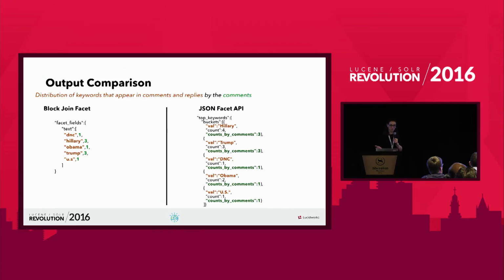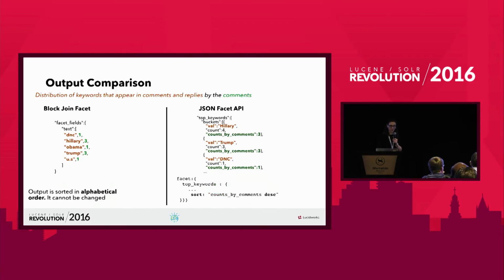Just to show you that they both bring the same results, here are the counts. The formats are a little bit different, but you can see that the counts by comments are the same. The only point is that in block join faceting, the keywords are sorted in alphabetical order, and it's not because I wanted so, just because it's an experimental feature and doesn't have a lot of parameters.